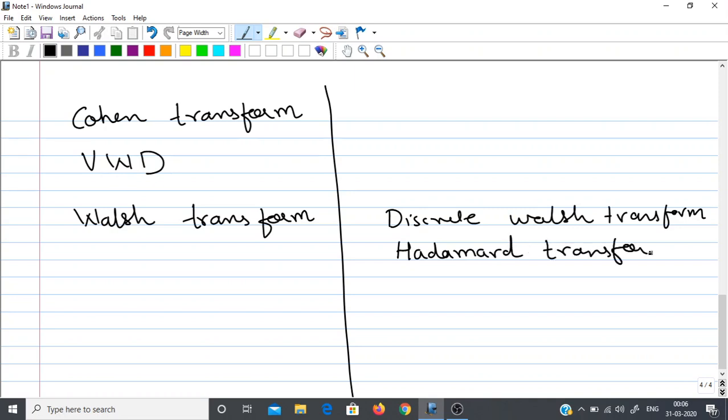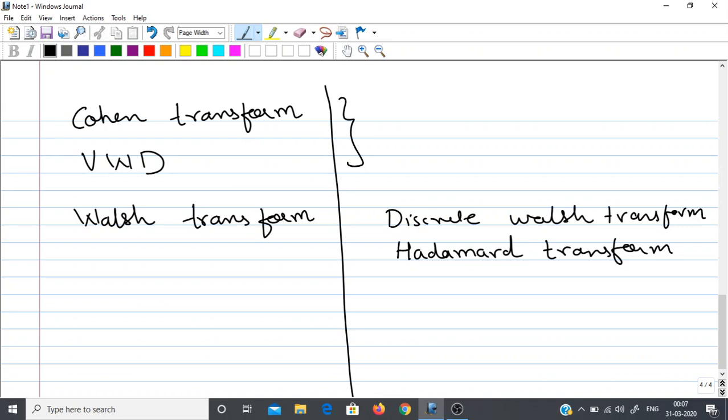Now one may ask, is there any discrete counterpart of the Cohen transform or the Wigner-Ville distribution? I am not aware of this. If somebody knows this, kindly let me know. I have not come across any literature where I have read about a discrete counterpart of the Cohen transform or the Wigner-Ville distribution.